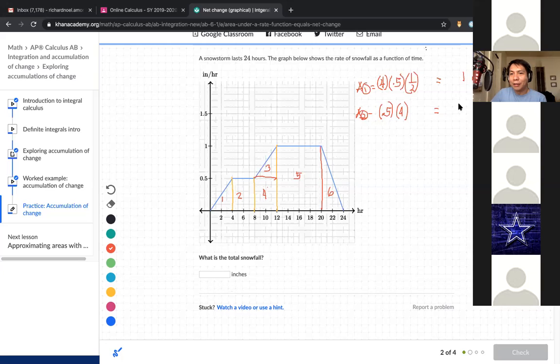What's going to be the product of that? 2. So that's going to give us 2 inches. And then let's take a look at number 3. That's 0.5 all the way to 1, so that's going to be 1/2.